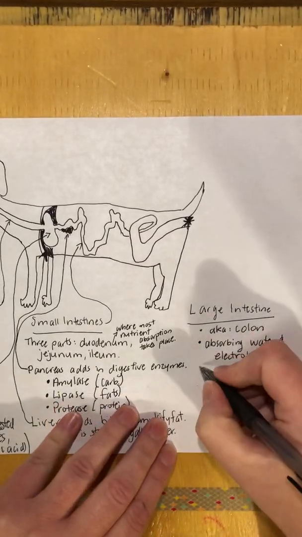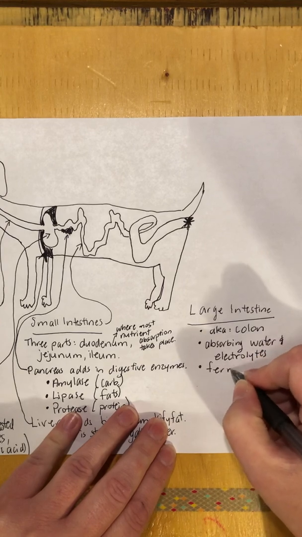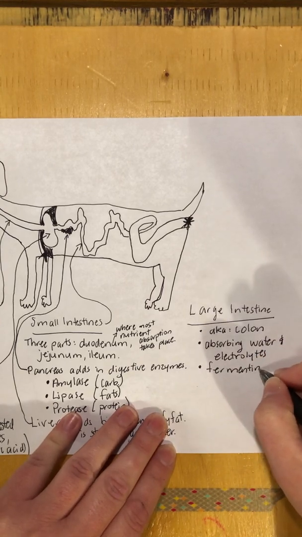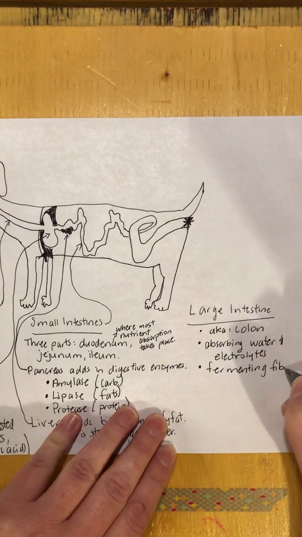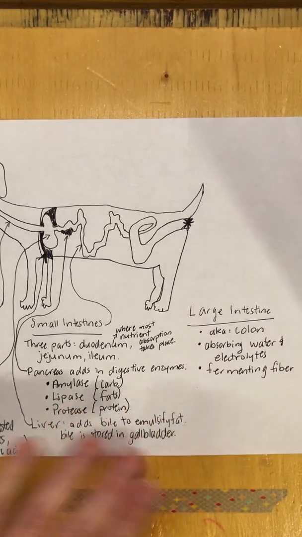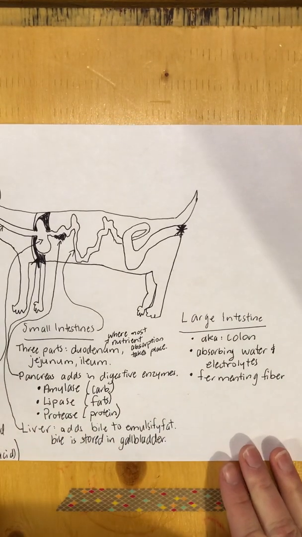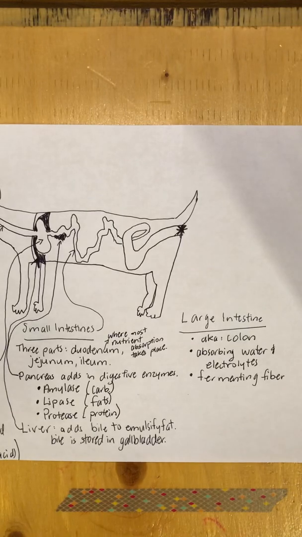It is also responsible for fermenting fiber. If you know anything about nutrition already, from feeding yourself or your animals, or your children, you know that fiber is an important part of your diet.